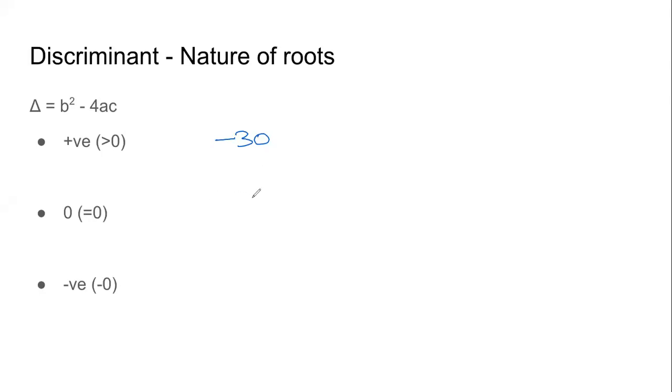Very good. What will happen if the discriminant is equal to 50? The answer is incomplete. Yes, the roots will be real, but something else? Nature and number, but not equal. Correct. So real and distinct.